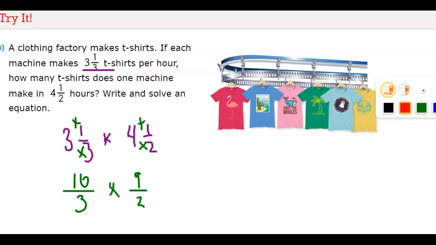So we have to look diagonally across. I'm going to choose yellow. Look diagonally across and see if there is a greatest common factor amongst the two numbers diagonally across from each other. So let's first look at 3 and 9. What is the greatest common factor of 3 and 9?